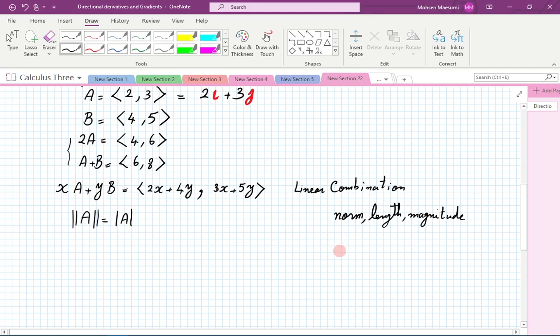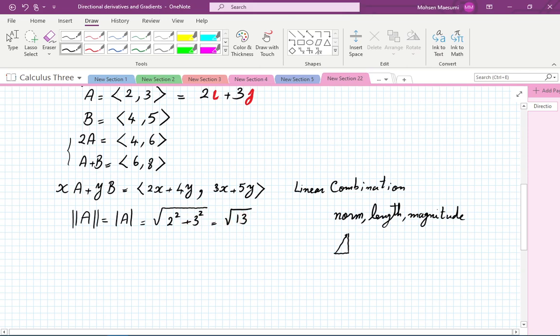Well, what do you think it is? If you have a vector going 2 to the right and 3 up, it makes a triangle, and the hypotenuse of it is exactly what you mean by the length. So the formula is perhaps the most basic formula you get used to from middle school, the Pythagorean formula. You square the components and you add them up, and that is your norm or length.